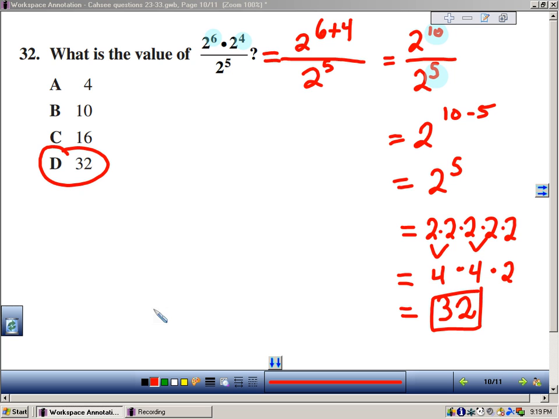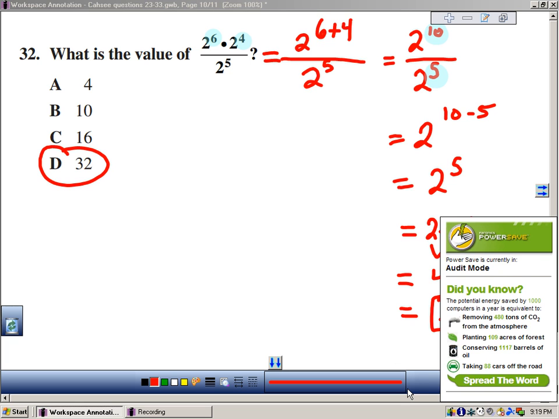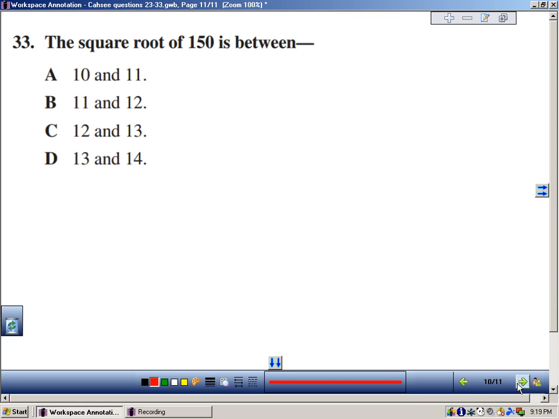Final question. The square root of 150 is between what two numbers?